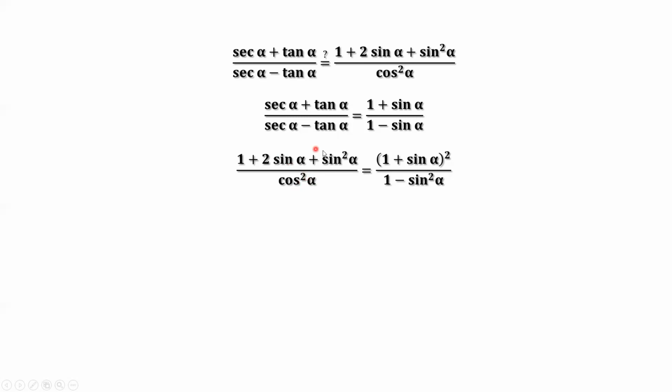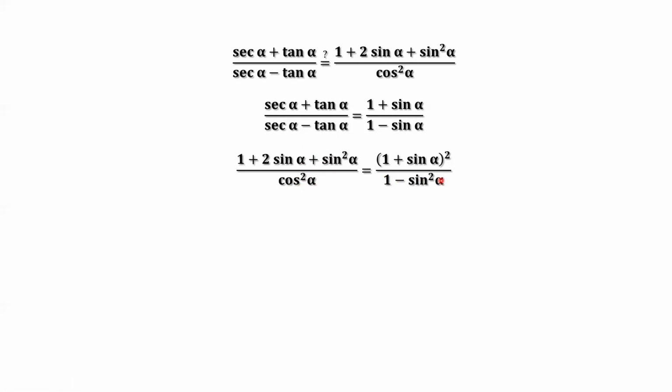The numerator only has sine. Can we convert cosine into sine? Yes, there's a basic identity. Sine squared plus cosine squared equals 1. This implies cosine squared equals 1 minus sine squared.